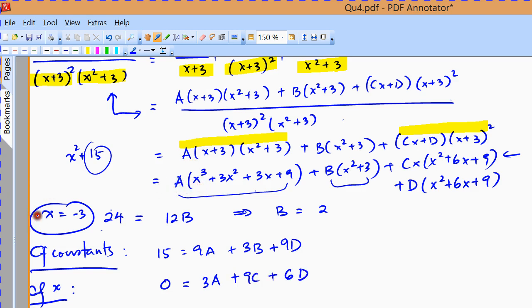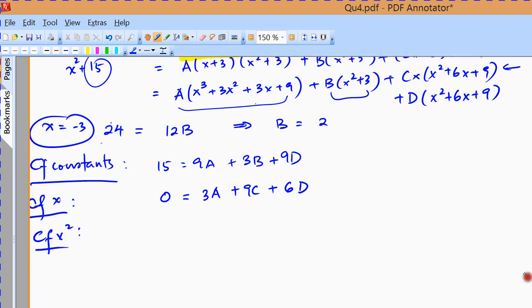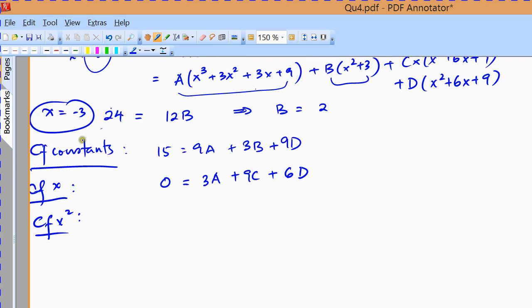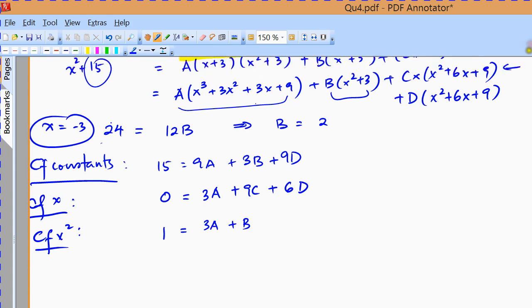Next we compare the terms in x squared. So we get 1 on the left, equal to 3a plus b plus 6c plus d.